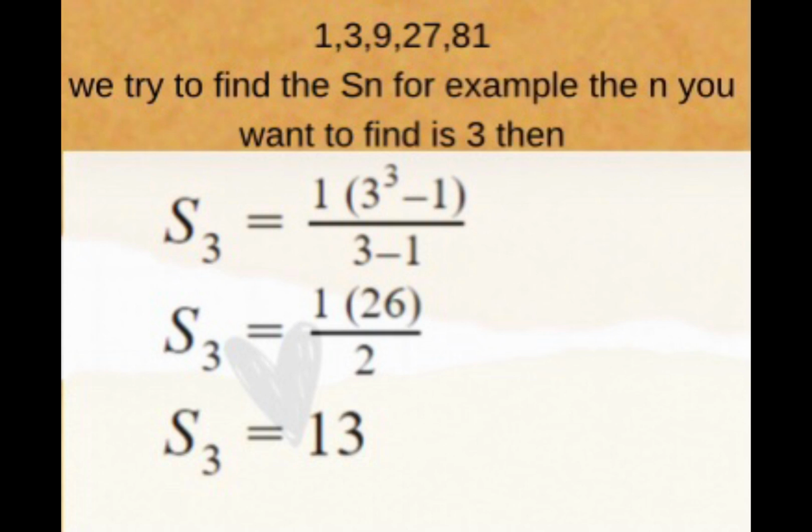So S3 is equal to 1 times 3 to the power of 3 minus 1, divided by 3 minus 1. So S3 is equal to 1 times 26, divided by 2. So S3 is equal to 13. So the answer is 13 for the formula for Sn.